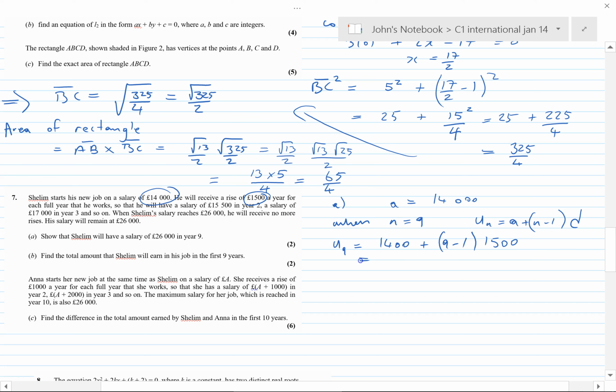So that's 14,000 plus 8 times 1,500. Now, we know that it's meant to get 26,000, but just doing a bit of quick mental arithmetic, double that, we get 3,000. Double it again, we get 6,000. Double it again, we get 12,000. So add those together, and we'll get 26,000.